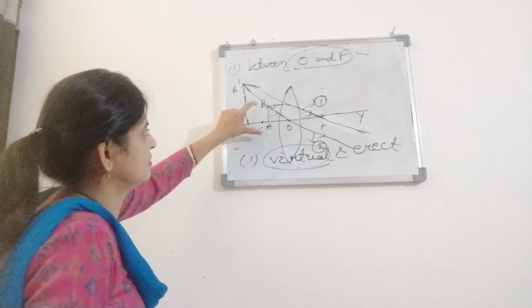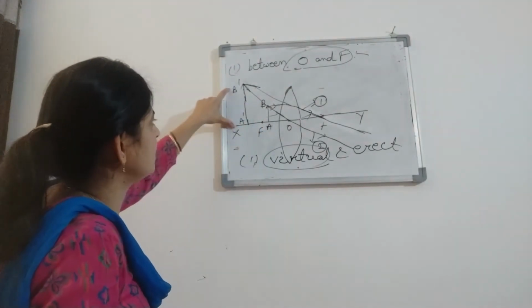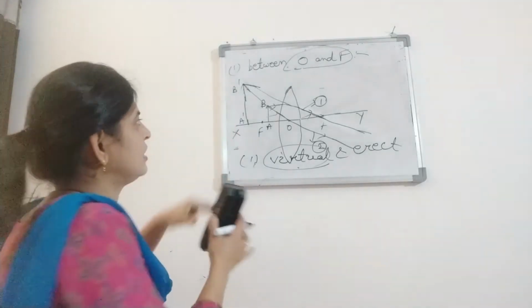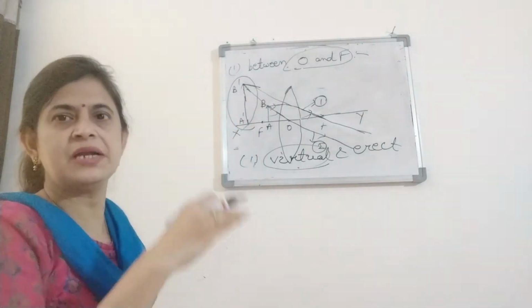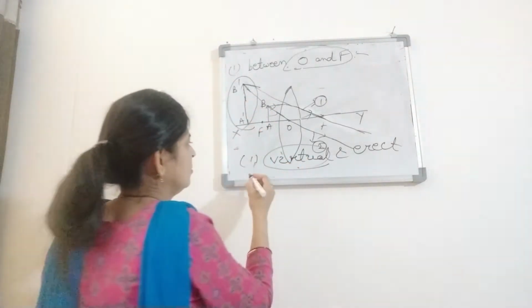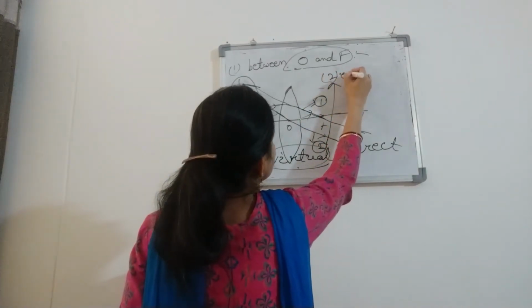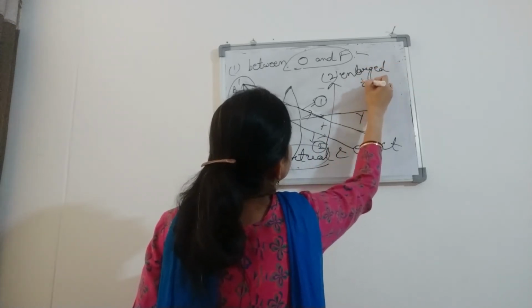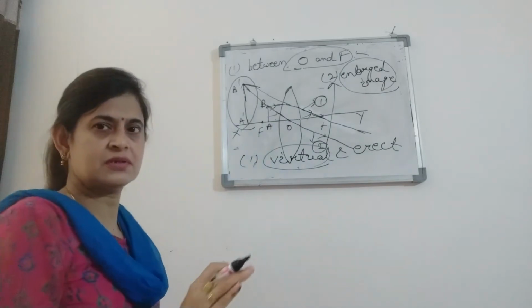If you mark the size of the object AB and the size of the image A dash B dash, then it is clearly observed that the image is magnified. Magnified means enlarged image. So the second property, you can say, is that an enlarged image is formed in this situation.